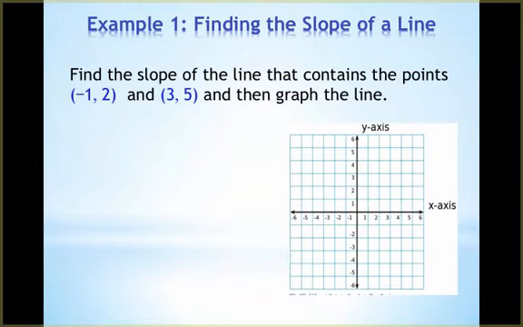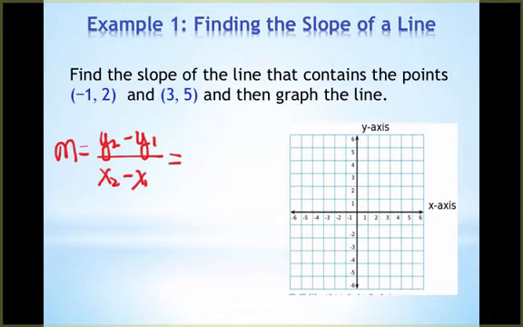So let's look at finding the slope of a line given the points -1, 2, and 3, 5, and then we're also going to graph that line. So let's start first of all with our formula, which says that to find the slope, we use m equals y2 minus y1 over x2 minus x1.